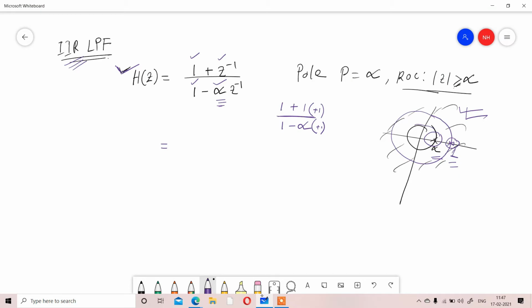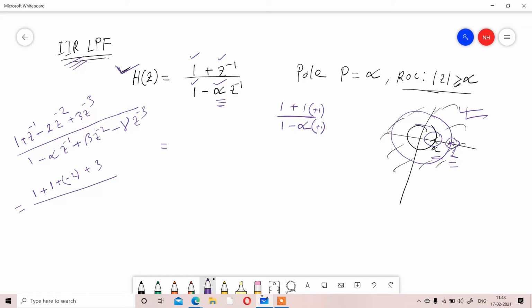Means what? If we have a system like 1 plus Z inverse minus 2Z to the power minus 2 plus 3Z to the power minus 3, and 1 minus alpha Z inverse plus beta Z to the power minus 2 minus gamma Z to the power minus 3, then the coefficients we will consider are: first value is 1, second coefficient of Z is plus 1, third coefficient is minus 2, and the coefficient of Z cubed is plus 3, and in the denominator 1, minus alpha, plus beta, minus gamma.